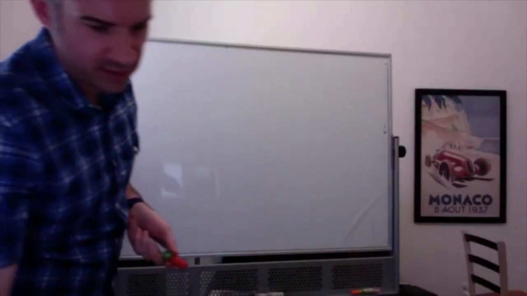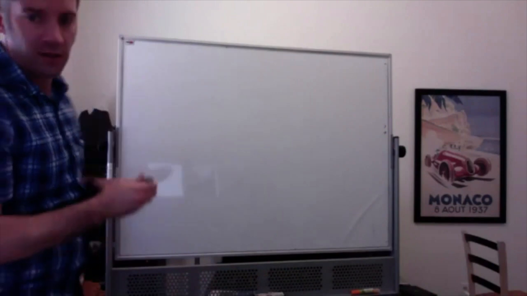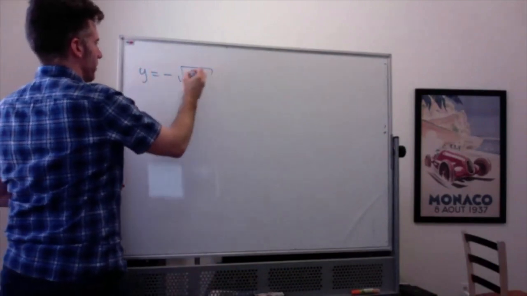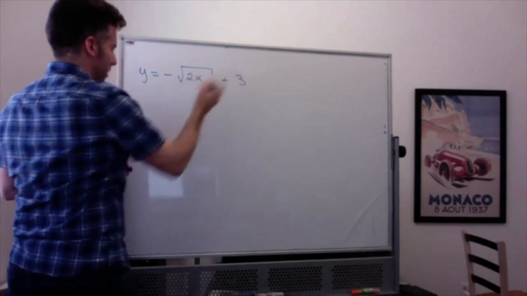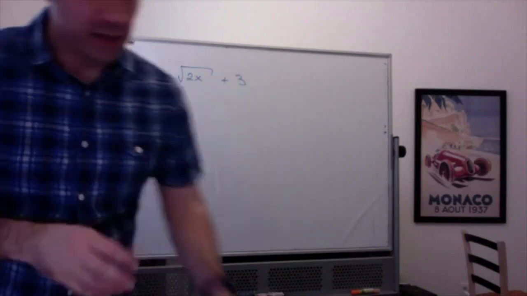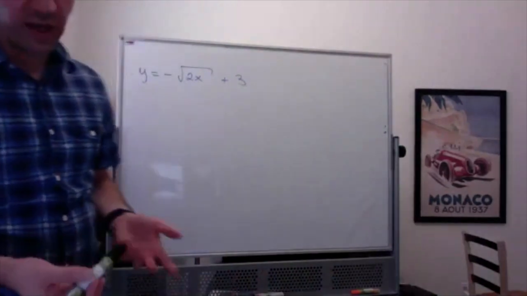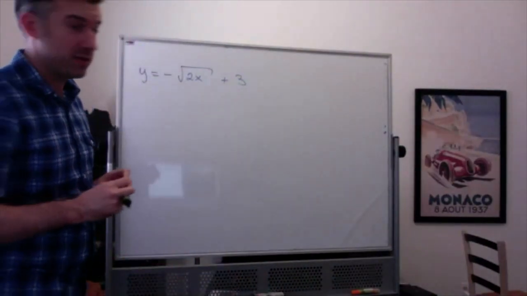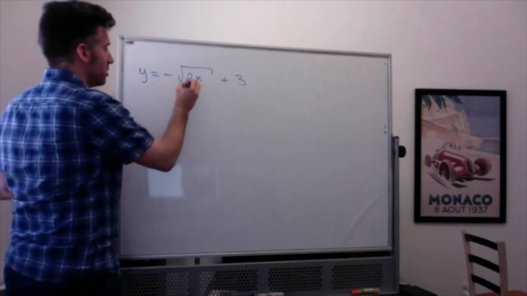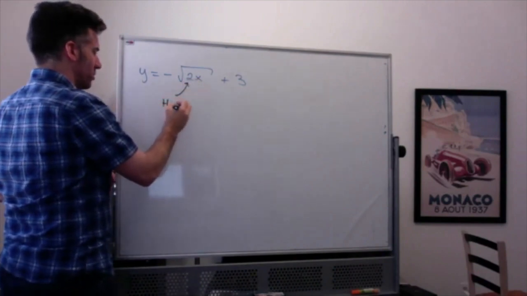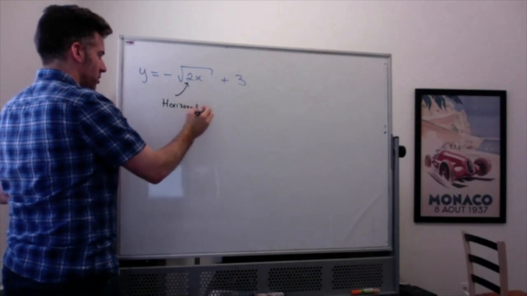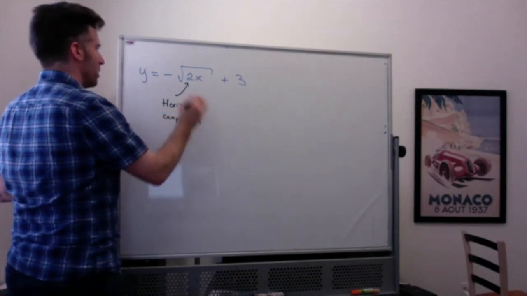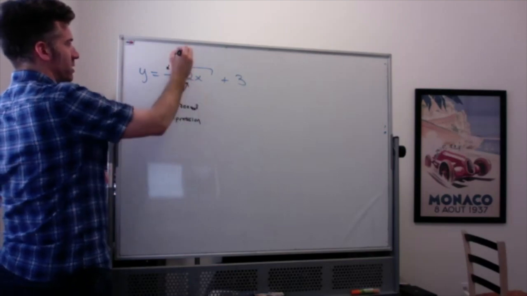So let's look at this example. Let's look at y equal to negative square root of 2x plus 3. Again, here's what I want you to think about when you see this. I want you to really think about working from the inside out. So this 2 is going to give me a horizontal compression. This negative sign is outside.